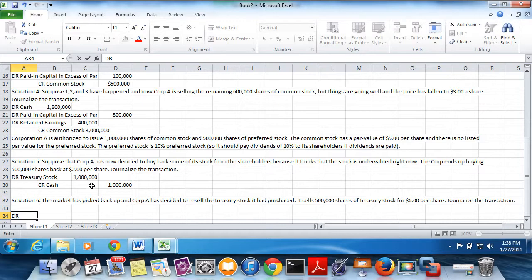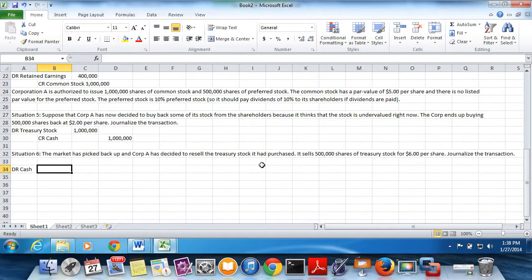So first step again is to debit the cash account for the amount that we expect to make or that we have made off of this transaction. So we have 500,000 shares times $6 per share, and that gives us $3 million.